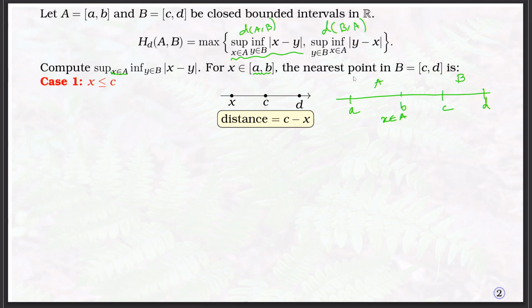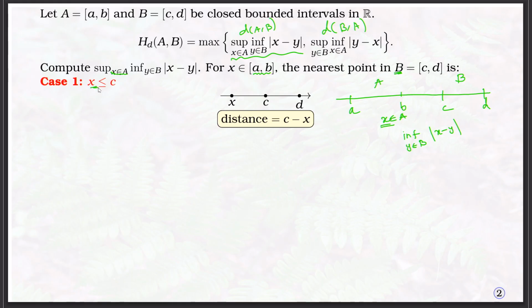Then we need to find the nearest point in B. Fixing x, we find the infimum over y belongs to B of the distance |x minus y|. So, we need to find the nearest point in B. Now, for this x there are three possibilities.